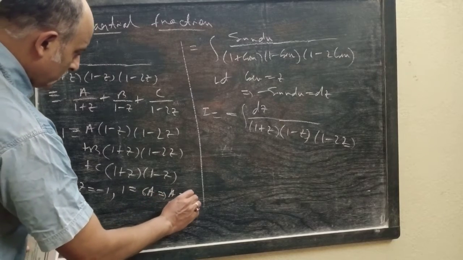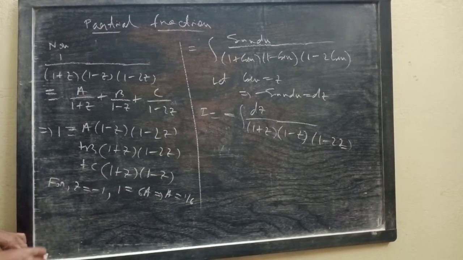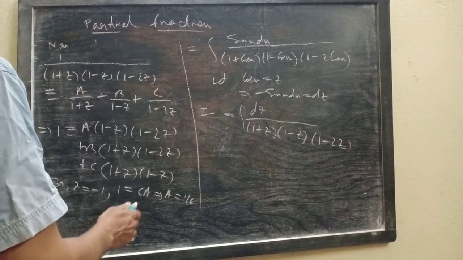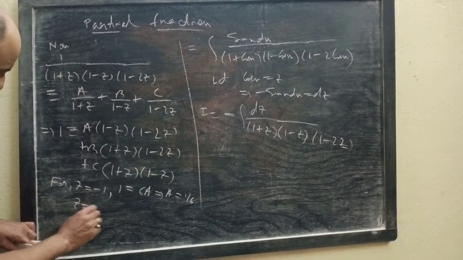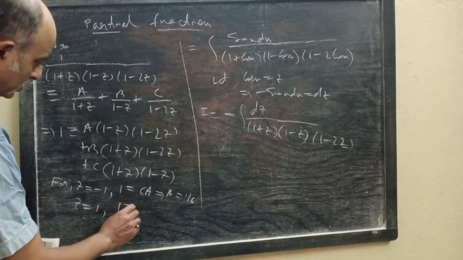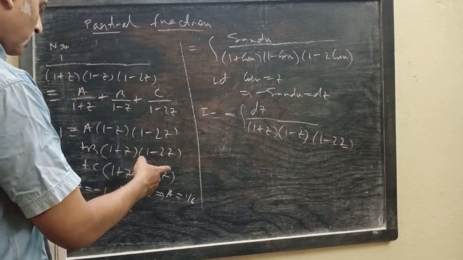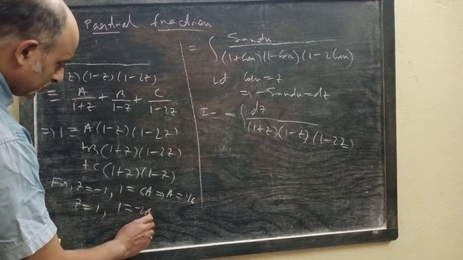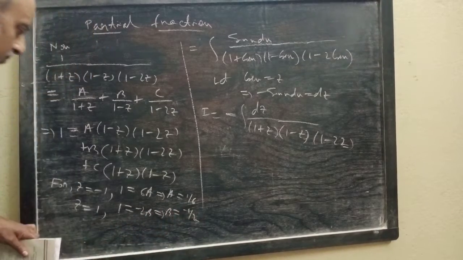So a equals to 1 by 6. Next to get b, 1 minus z is common factor, so z equals to 1. 1 is equal to b into 2, minus 1, that is minus 2b. So b equals to minus half.